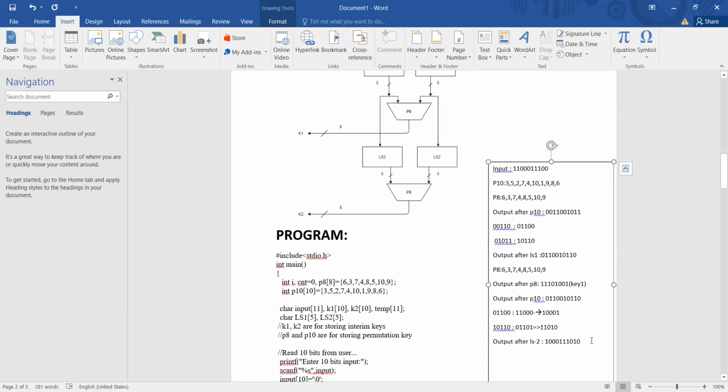And this is our 10-bit digit, and we need to send these 10 bits which are obtained after LS2 to the compression box. This time we have to send these to the same 8 digits compression box, and that is this.